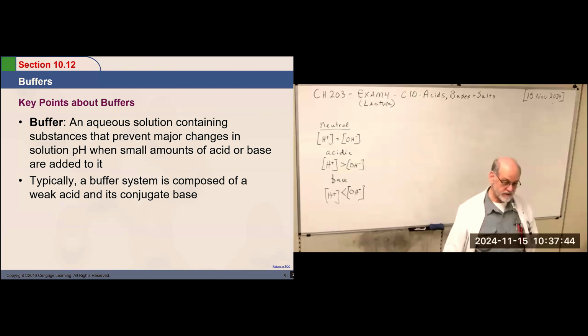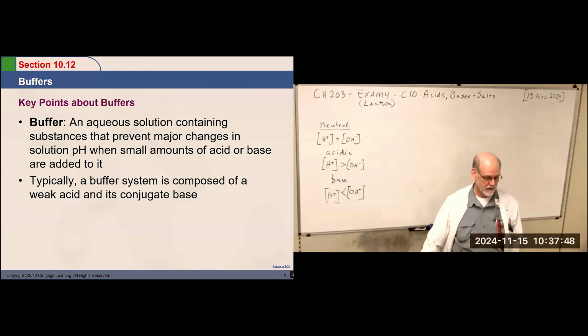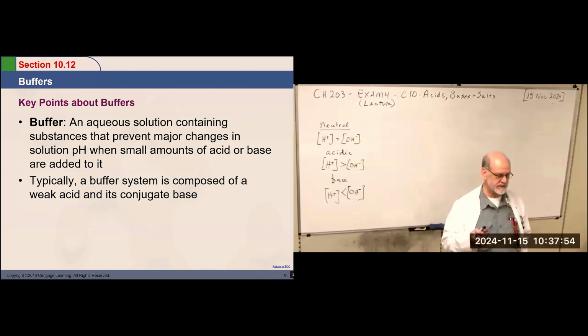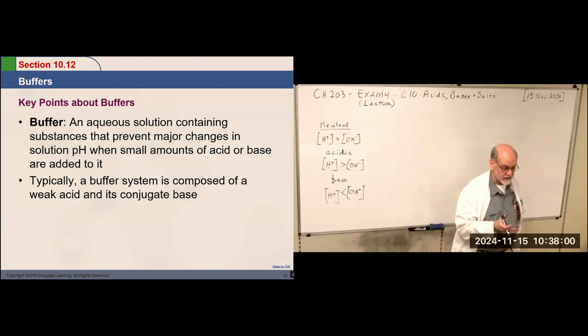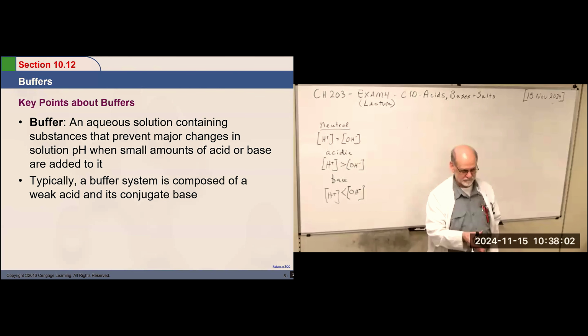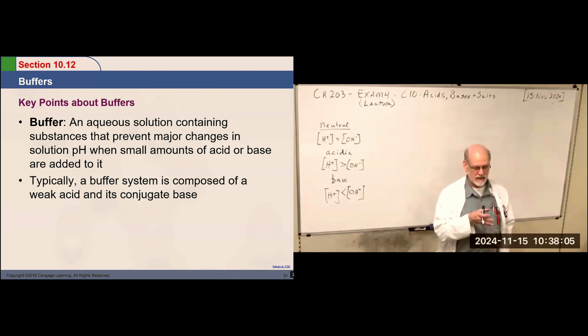Buffer in the English language is used to describe any number of things. In chemistry, an acid-base buffer has a very restricted definition. And all it means is that if your solution is buffered, then if you add a strong acid or a strong base to that solution, the pH is not going to change very much.